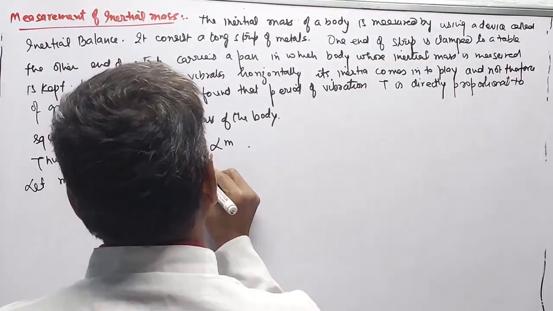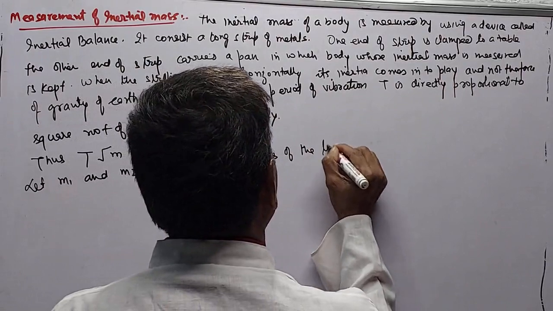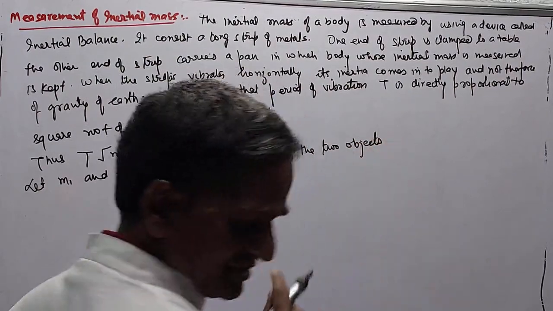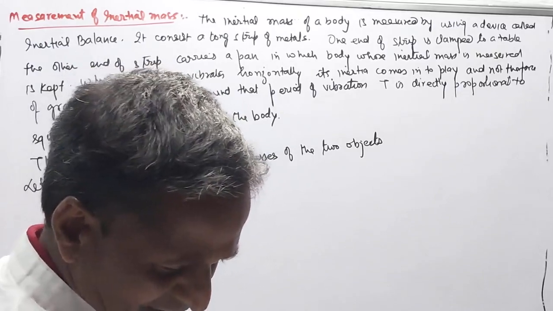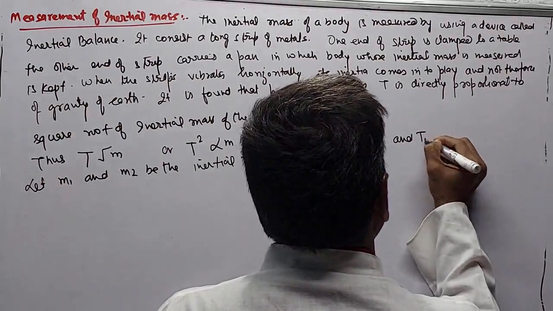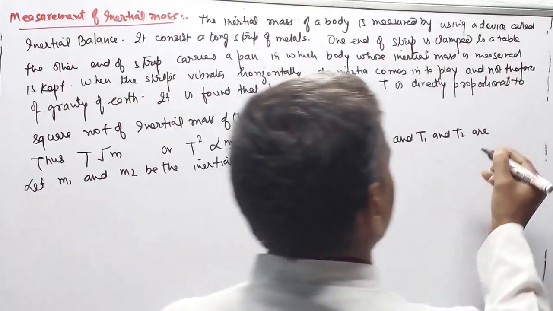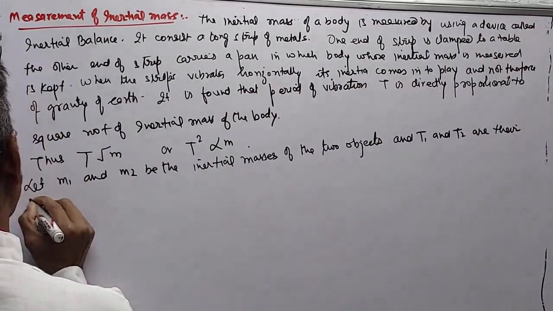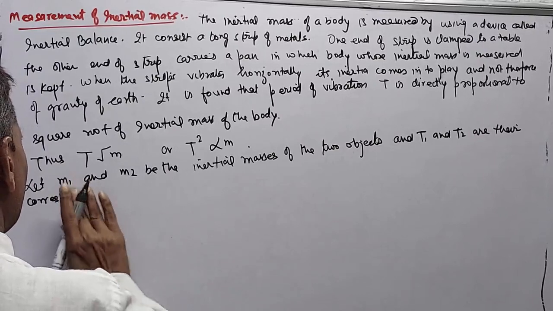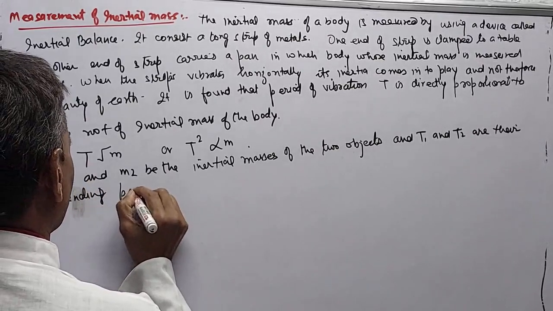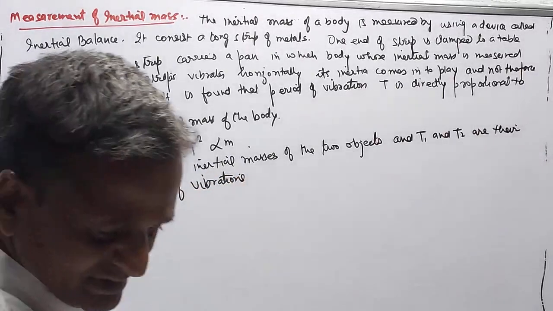inertial masses of two objects, and T1 and T2 are their corresponding periods of vibrations.